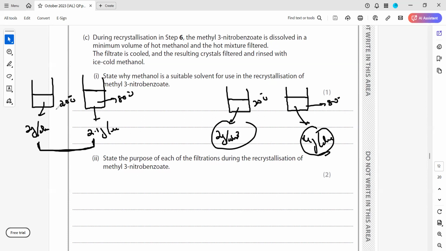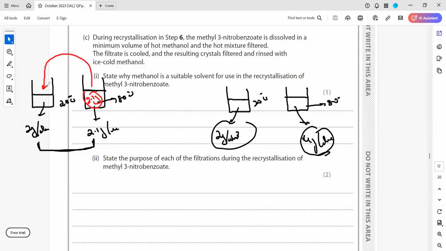Because when we do recrystallization, otherwise very small amount will recrystallize. Let's say 2.1 gram was dissolved in this.